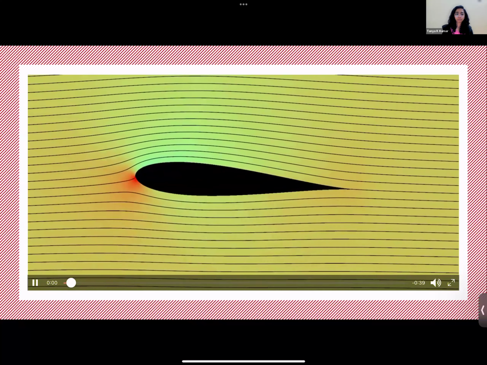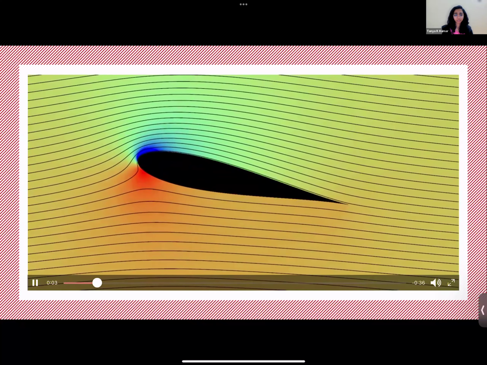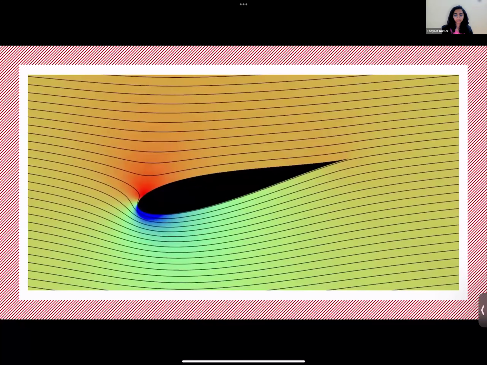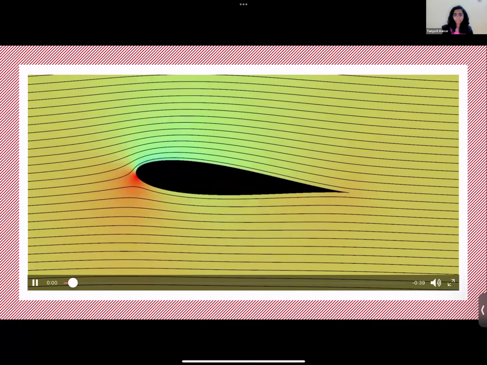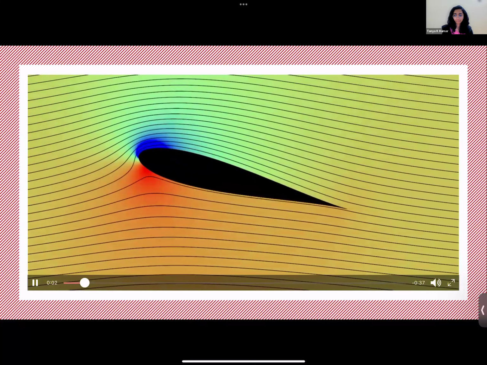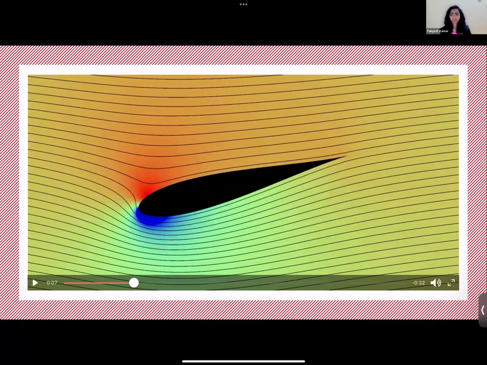Especially in the first one. Can you try and tell me what you think is missing, what's wrong in this animation? A very interesting animation, but there's something which is not correct here, some error.